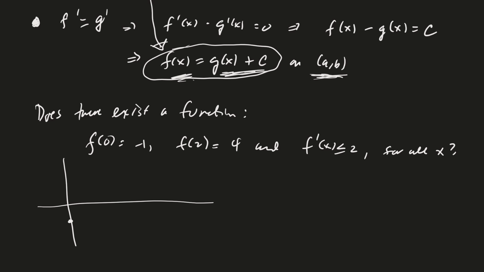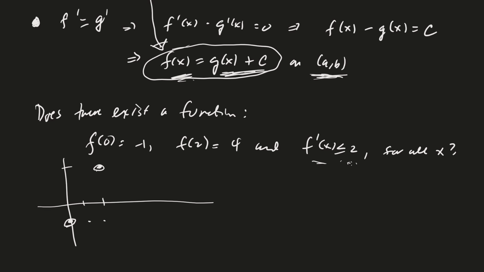F of 0 is minus 1. F of 2 is 4. f prime of x is less than or equal to 2. Where's that coming from? Well, let's see. If I were to max out my velocity here, or my slope, that you could say is at 2, can I get from this point to this point?